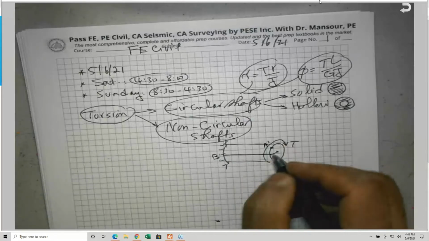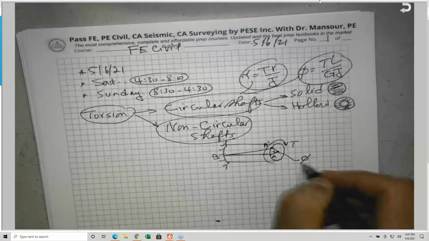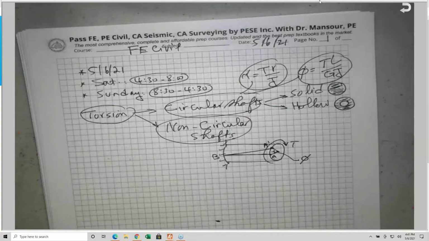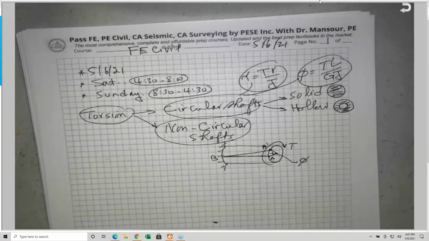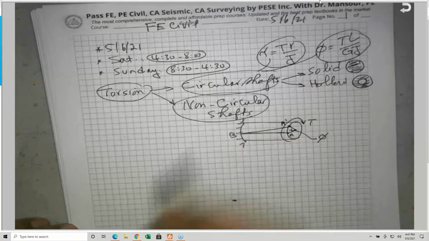So this is A prime, and the angle here, they call it phi, the angle of twist. These two equations, we need to know how to use them.